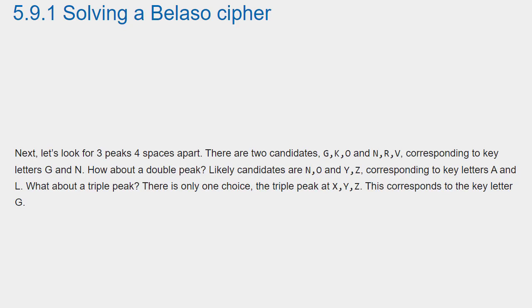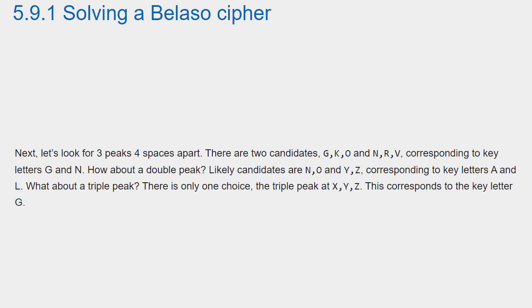There are 2 candidates, G, K, O, and N, R, V, corresponding to key letters G and N. How about a double peak? Likely candidates are N, O, and Y, Z, corresponding to key letters A and L.